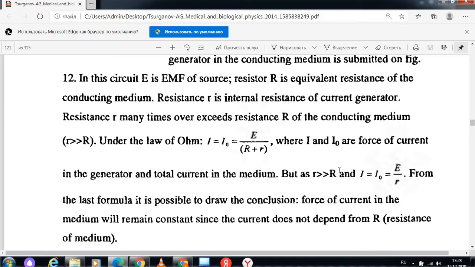We can make this transformation because resistance r many times exceeds resistance R big of the conducting medium. From the last formula it is possible to draw the conclusion that the force of current in the medium will remain constant, since the current does not depend on the resistance of the medium.